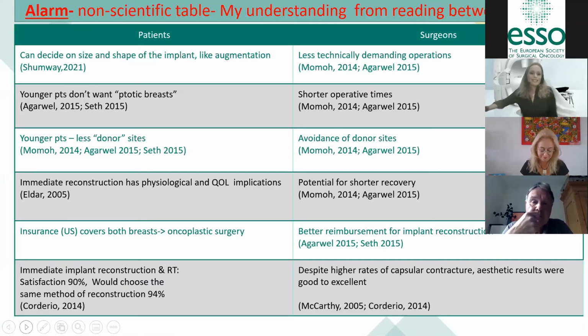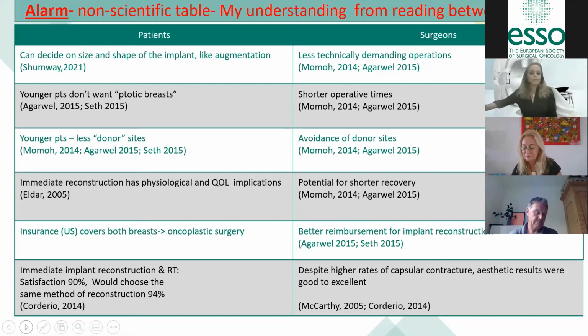And this is not a scientific table, but I made it just in order to understand more why we know that immediate breast reconstruction with an implant in patients who undergo radiation do poorly, but yet these rates are increasing.